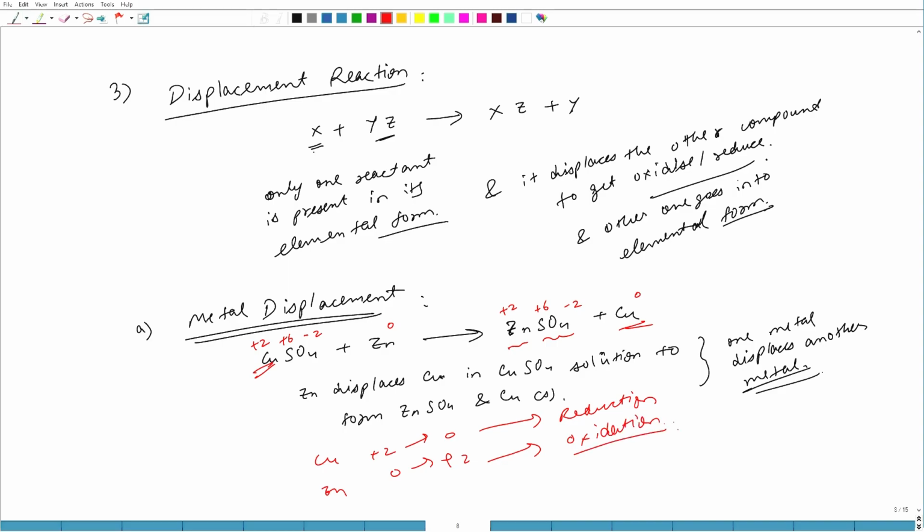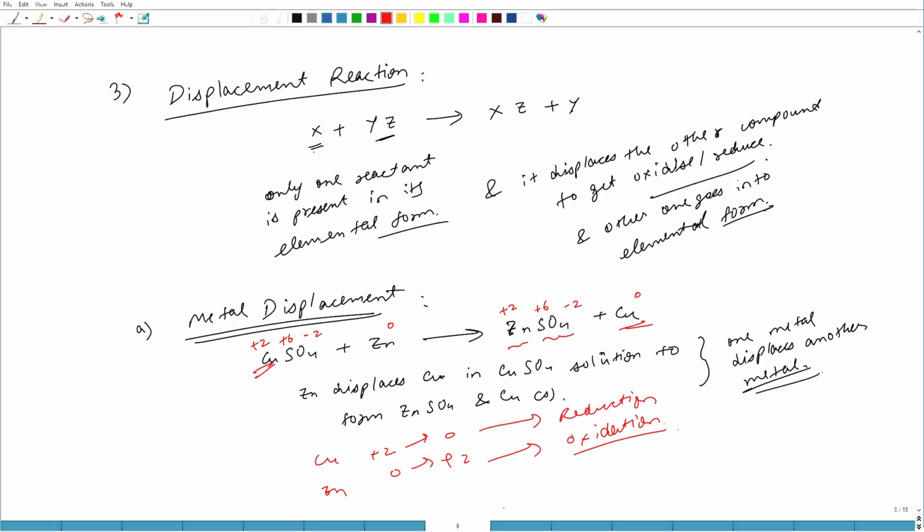So, this is what metal displacement is. Metal displacement is where one metal displaces another metal from its compound. Now, you can see other examples also.